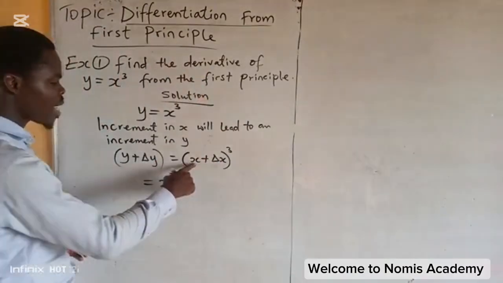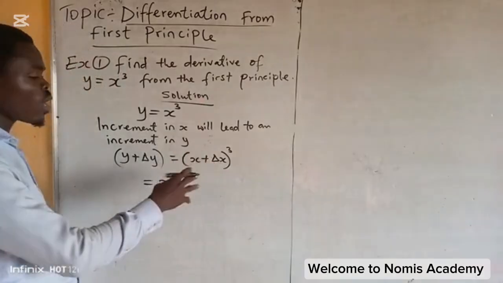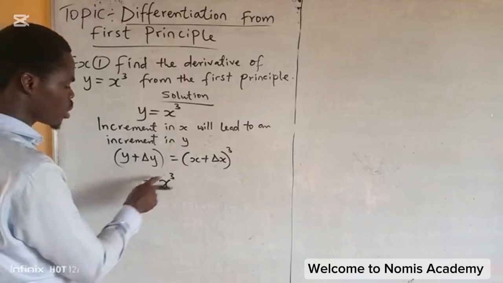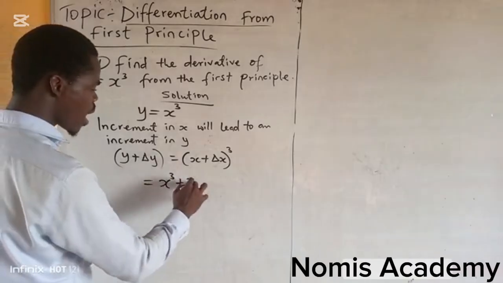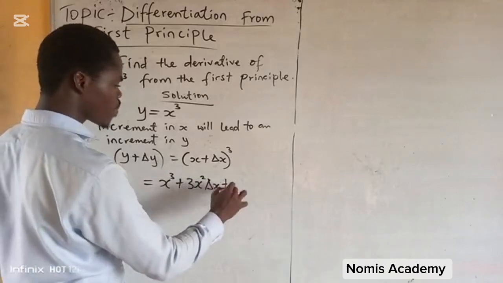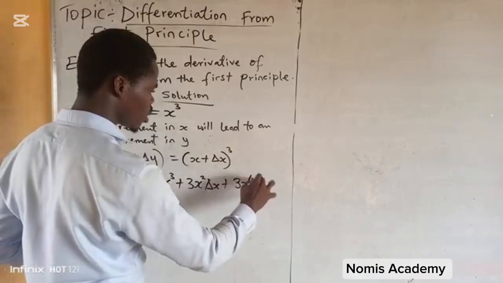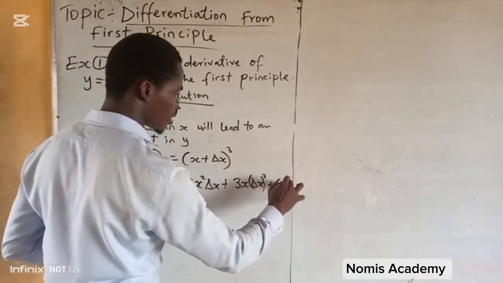And then as the power of x is decreasing, the power of delta x is increasing. So that will be x cubed. The coefficient is 1, x cubed plus 3x squared delta x plus 3x delta x squared plus delta x cubed.